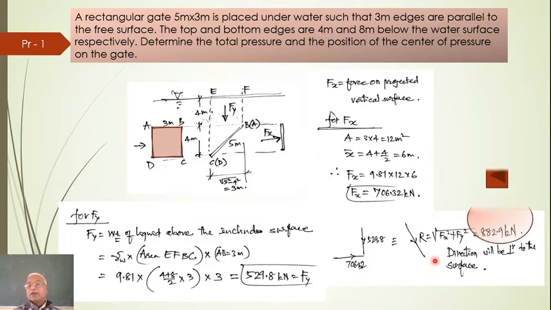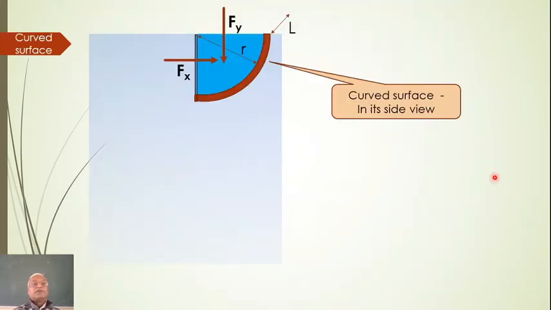Okay, now we'll go back, and here there is a curved surface. Now how do we work out the force on a curved surface? Exactly the same manner. You have to see the curved surface from one end.